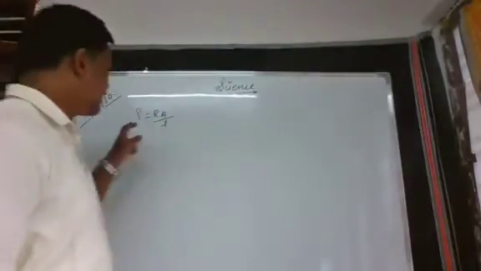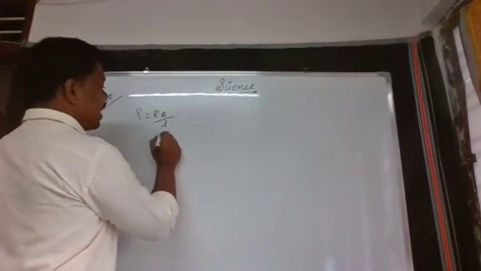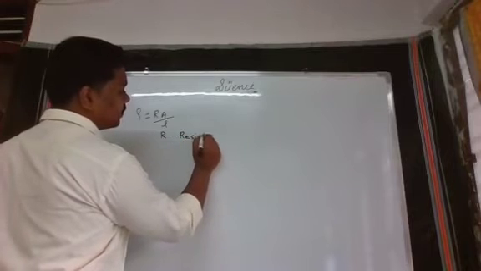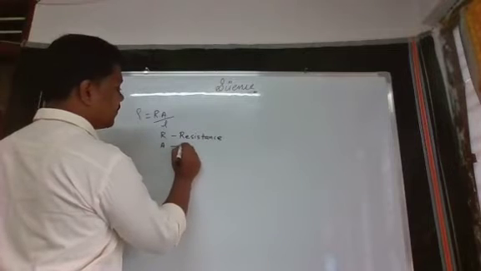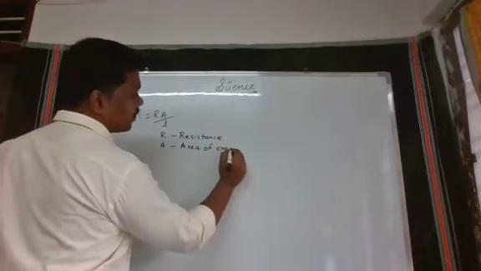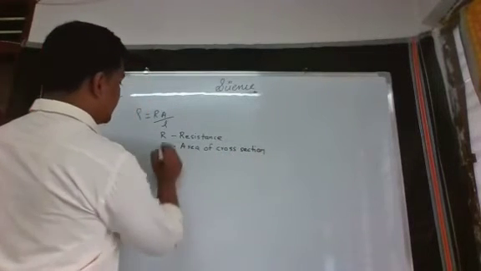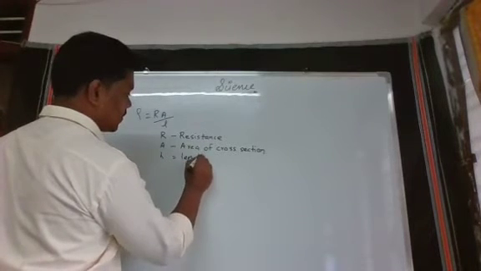Here we know that rho is equal to RA by L, where R is the resistance, A is the area of cross section, and L is the length.